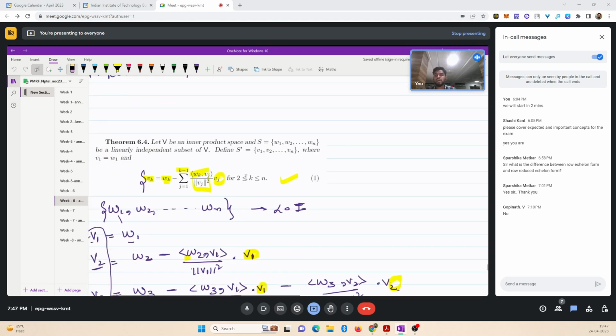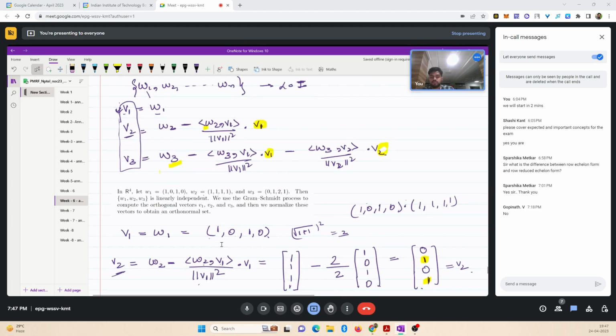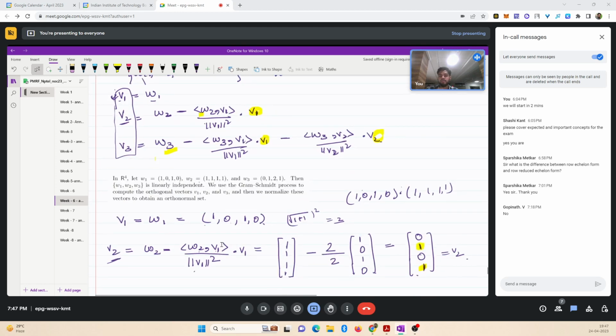So here we have what I said. Okay, there they have changed the notation. Okay, so as I mentioned, here we have three linearly independent vectors, W1, W2, and W3. We want to convert them to orthogonal vectors using Gram-Schmidt's process.